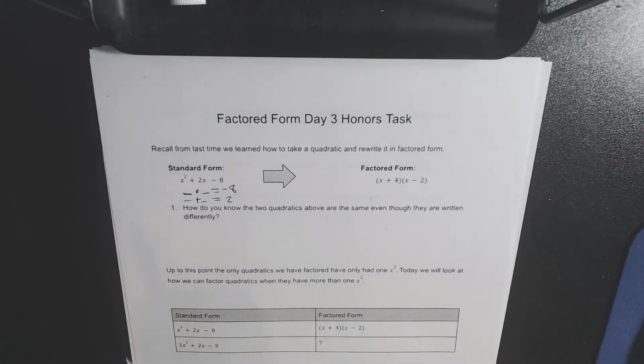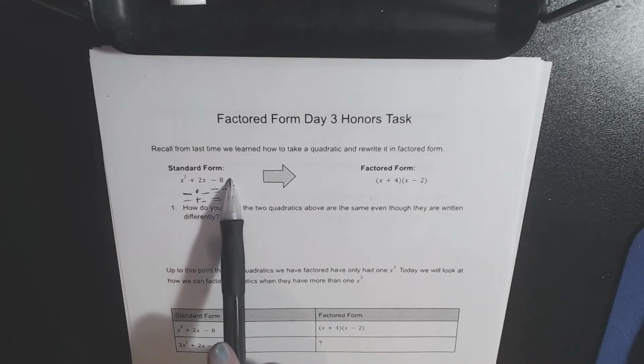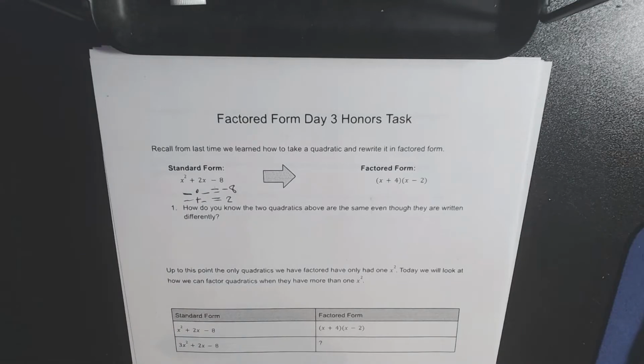So basically, we look for numbers that multiply to c and add to b, and that's how we convert it over here, okay? So what we're going to do today is look at some slightly more complicated examples of factoring and see if we can deal with those.